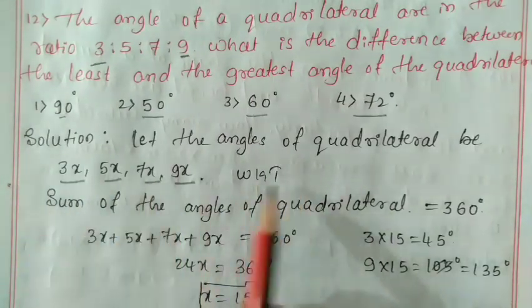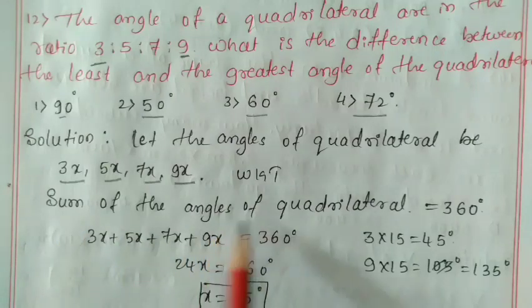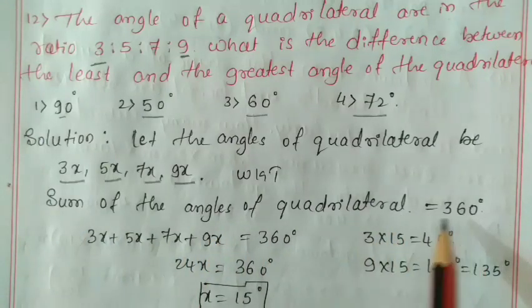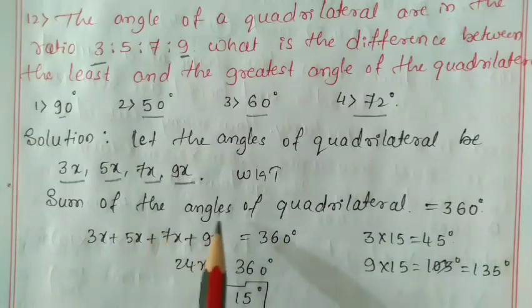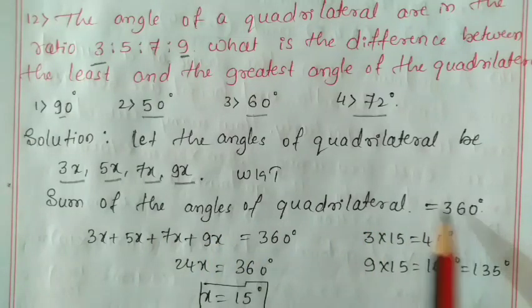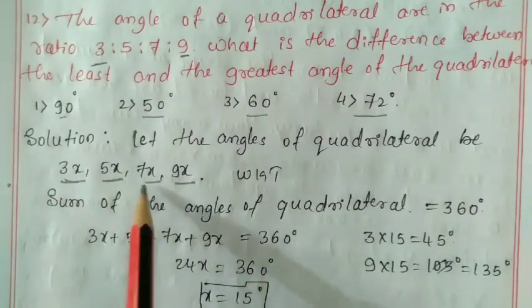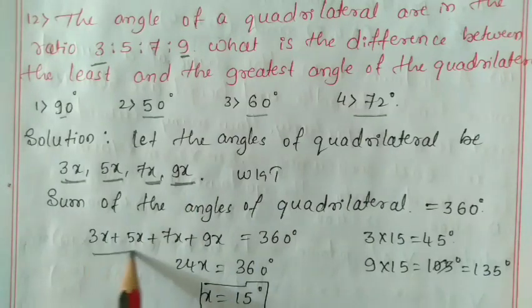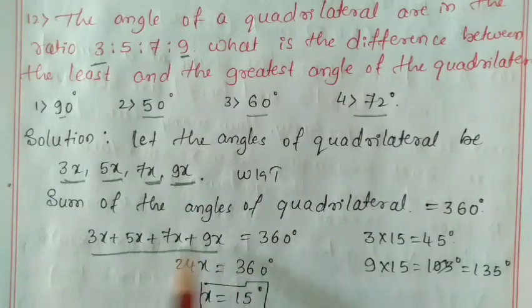After that, we know that the sum of the angles of a quadrilateral is 360 degrees. This is common. So here the angles are 3x, 5x, 7x and 9x. You can add them all. The sum of these angles equals 360 degrees. 3 plus 5 is 8, 8 plus 7 is 15, 15 plus 9 is 24, so 24x equals 360.